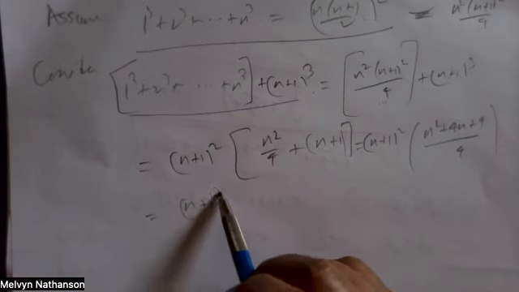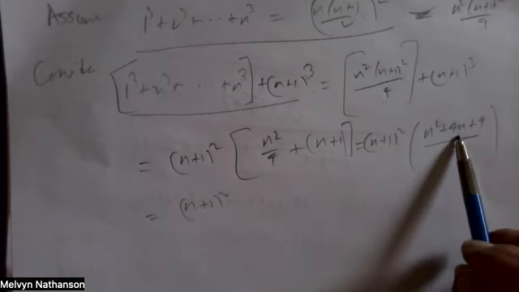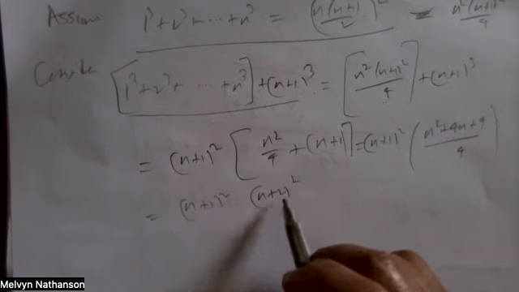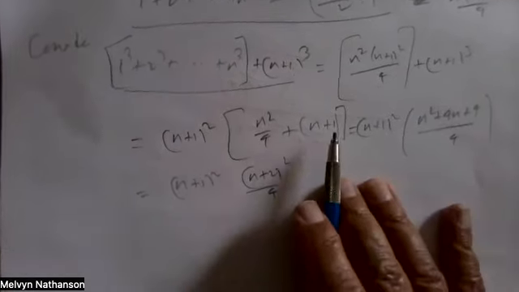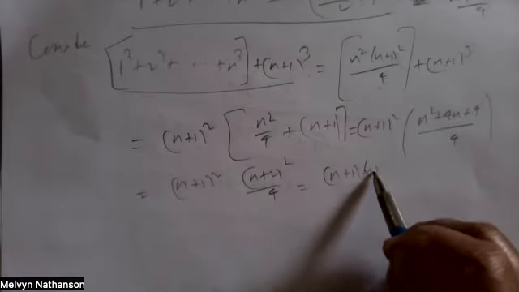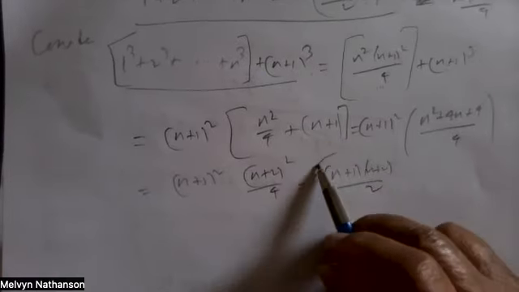And this is (n plus 1) squared. And n squared plus 4n plus 4 is (n plus 2) squared over 4. So I'm just doing a little bit of high school algebra here. And what is this? This is (n plus 1) times (n plus 2) over 2, all squared.